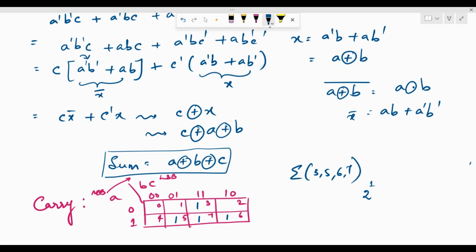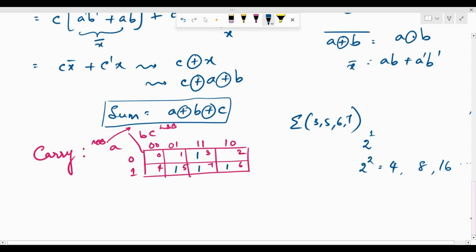I can have a group of 2 to the power 2, 4 ones, or 8 ones, or 16 ones, and so on. I cannot have a group of 6 ones, or 10 ones, and so on. It's not just even numbers, but powers of 2, right? So here I can see that there are three such groups that can be formed.